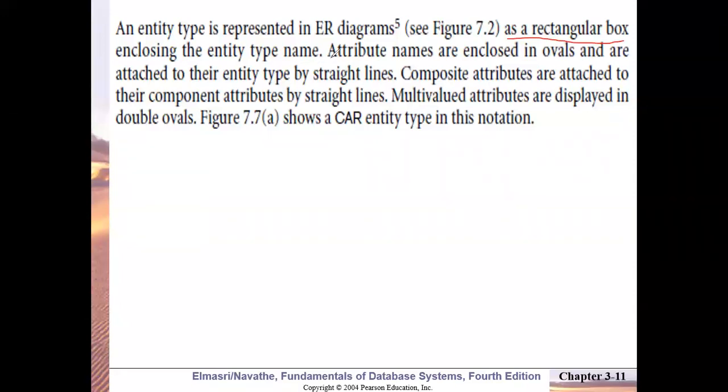Now, every entity will have attributes. Attributes are represented in ovals, and these attributes are attached to their entity type by straight lines. Every normal attribute is represented by an oval. But when there are specialized attributes like a composite attribute, what is a composite attribute? Does anyone remember?